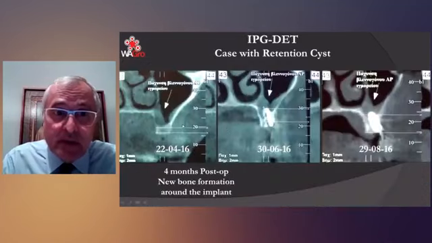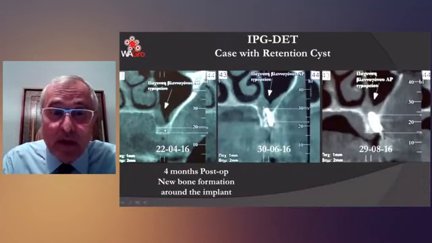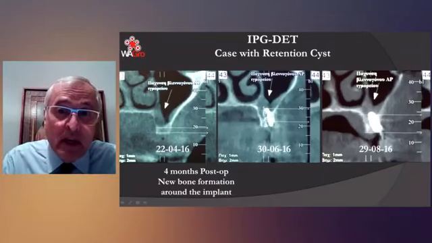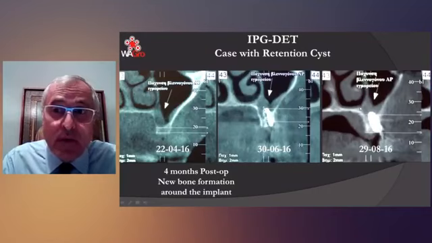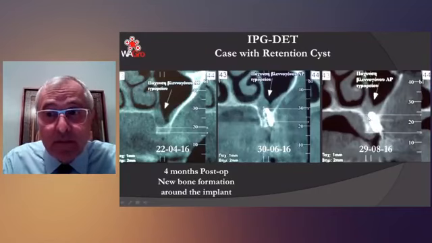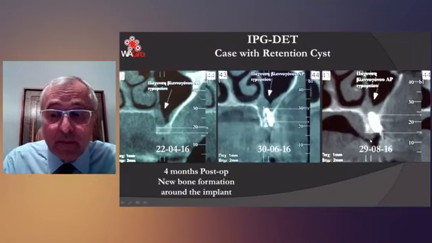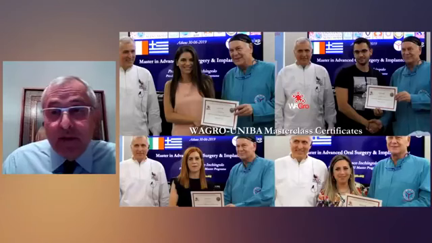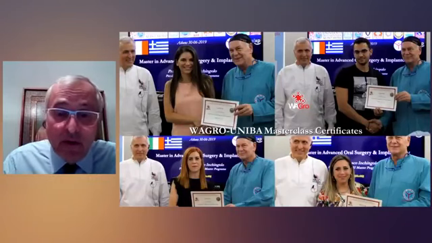Here's another case where we have 3 millimeters of initial bone. For initial stability also, but in 2 months you can see new bone formation, and in 4 months you can see full osseointegration. And we have a lot of live clinical training on this technique.